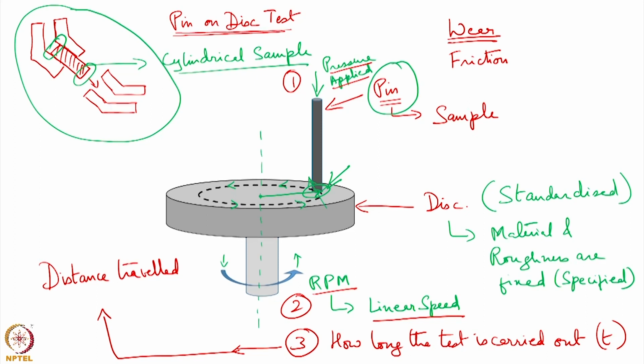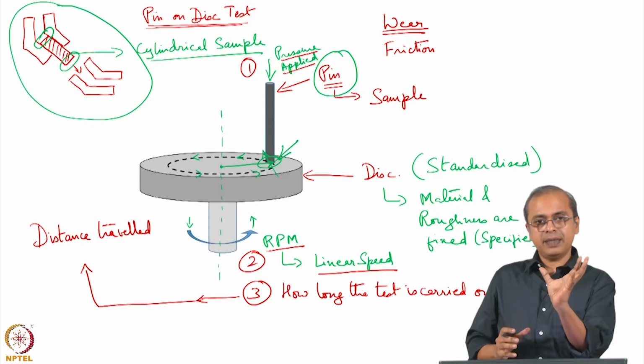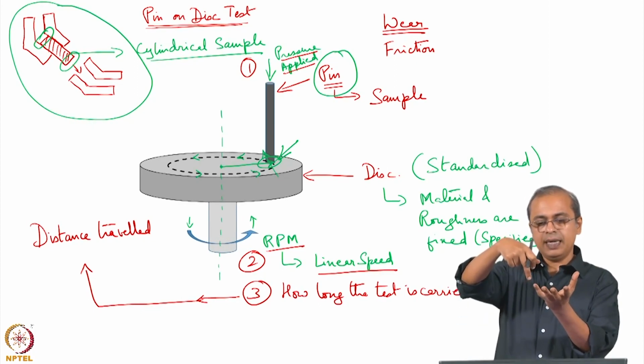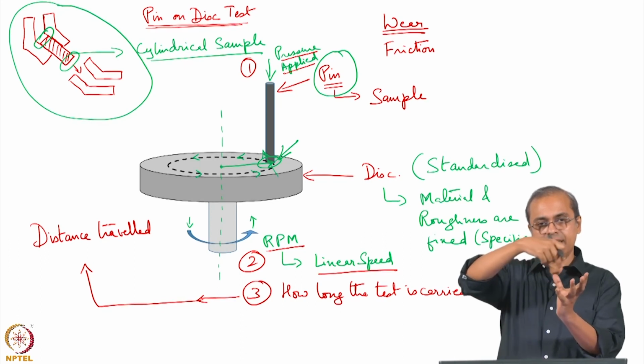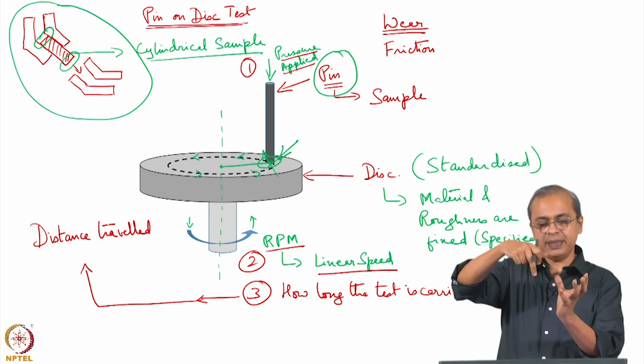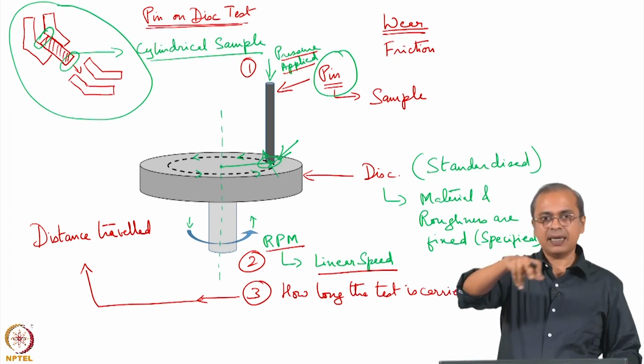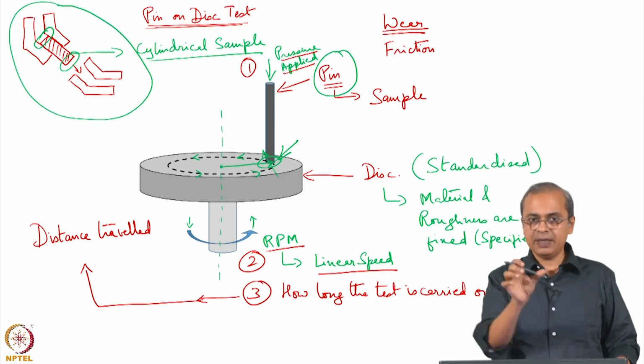So, you can convert that to another parameter, which is the distance travelled. As the disc rotates, once you know the location that the pin is pressed on, and you know the circle that the pin is tracing on the disc, then for every revolution 2 pi r is the distance it has travelled, if r is the radius.